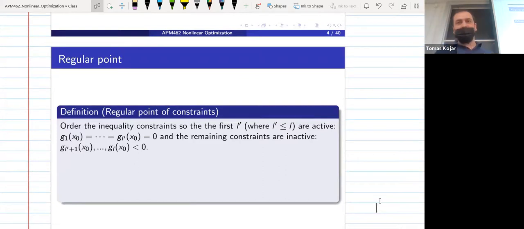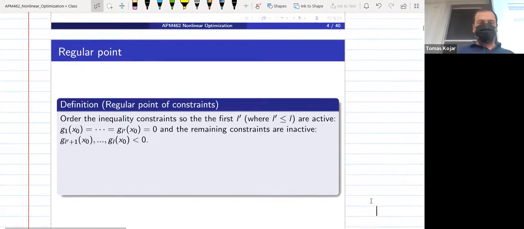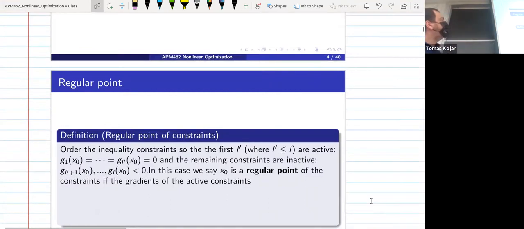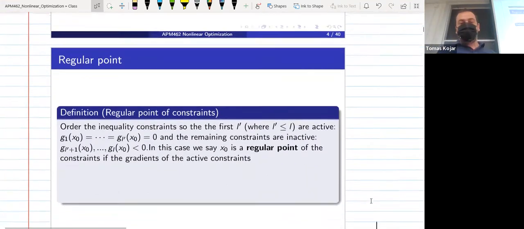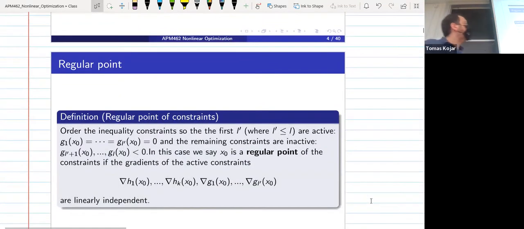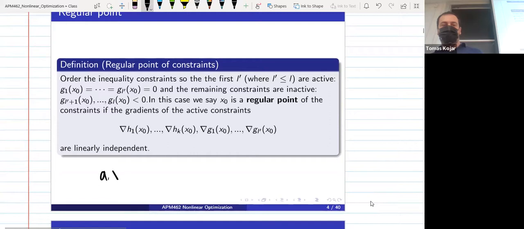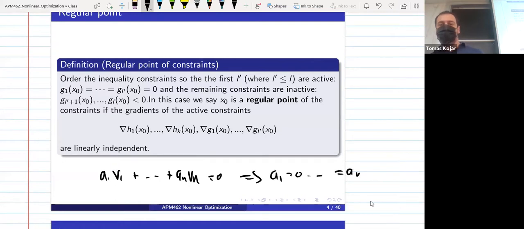They're all strictly less than zero. And same thing as before, a regular point is when the gradients of the constraints are linearly independent, meaning a linear combination of them being zero implies that the coefficients are all zero.